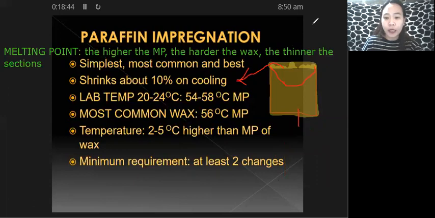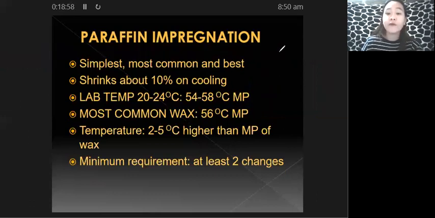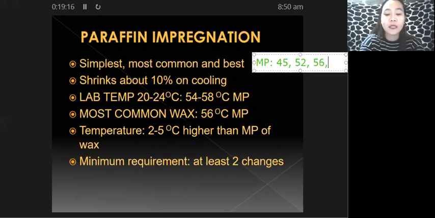In the laboratory, the most commonly used waxes have melting points of 45, 52, 56, and 58. I repeat, common waxes available in the laboratory have melting points of 45, 52, 56, and 58 degrees Celsius.